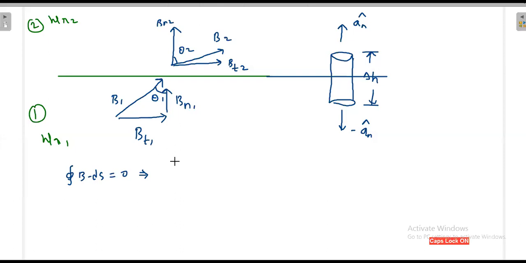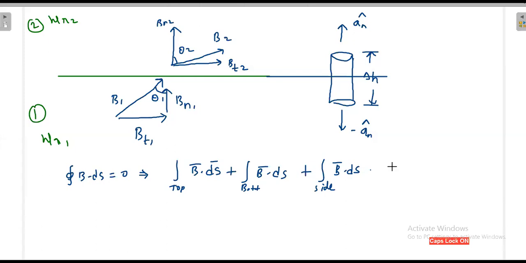Now say I'm measuring the flux coming out of the top surface, B dot ds top, plus bottom, B dot ds bottom, plus side surface, B dot ds side, is equal to 0.